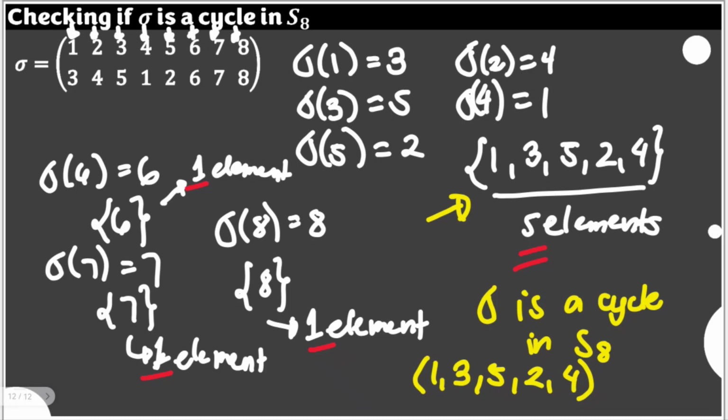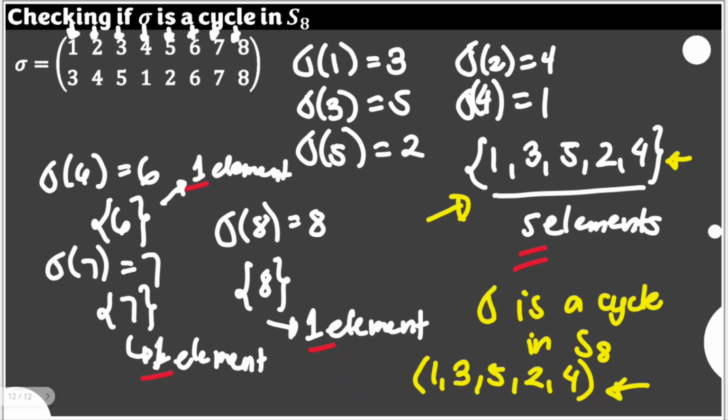That is why I mentioned earlier that even if the set lets you rearrange the elements, it pays off to stick with the order, so that if we establish that a certain permutation sigma is a cycle, then our cycle will also follow that same pattern. So this is how we denote a cycle.